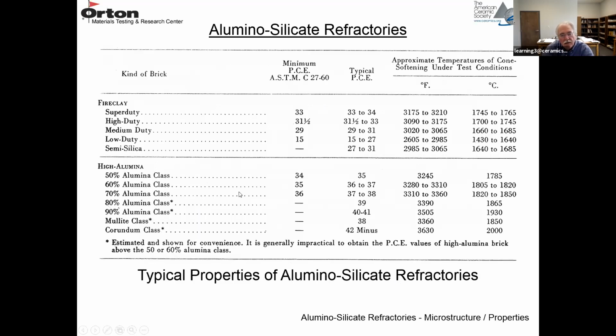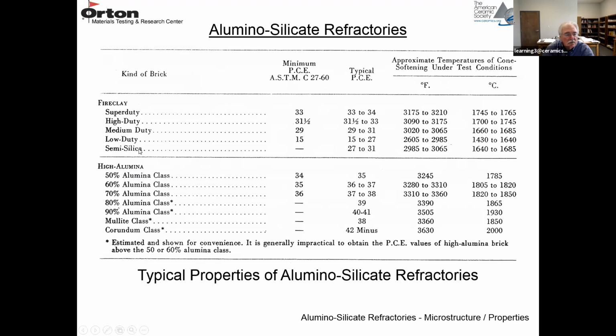This table just summarizes the fire clays and the high aluminas. So we go from semi-silicas up to the super duty. So the use temperature goes up and the PCE value goes up. The softening points or the deformation points also go up in this direction.